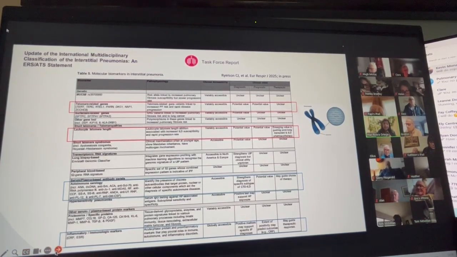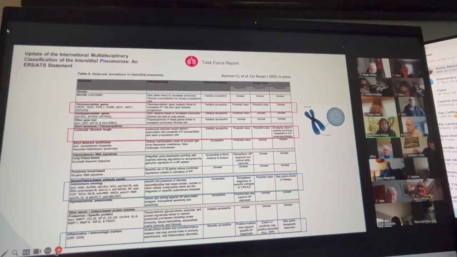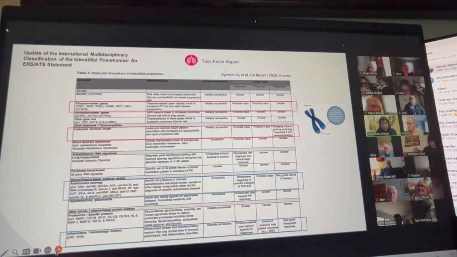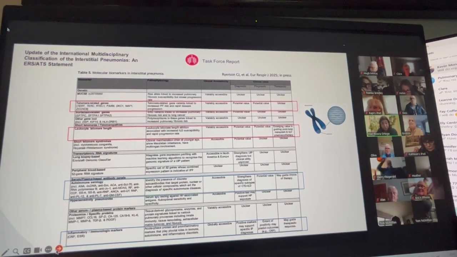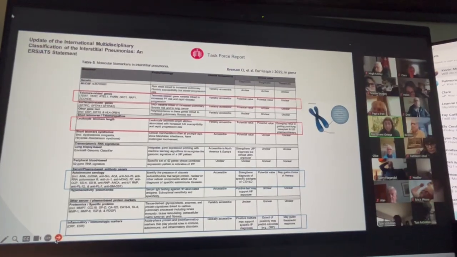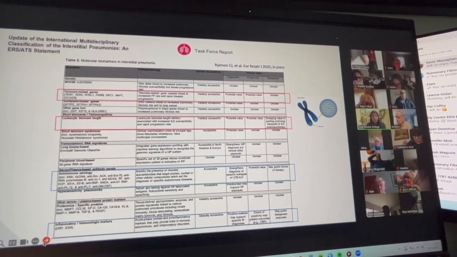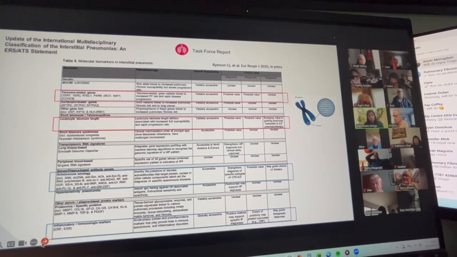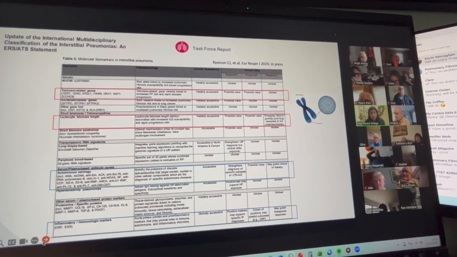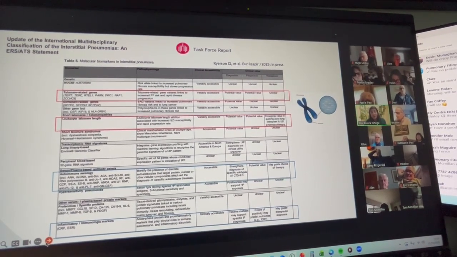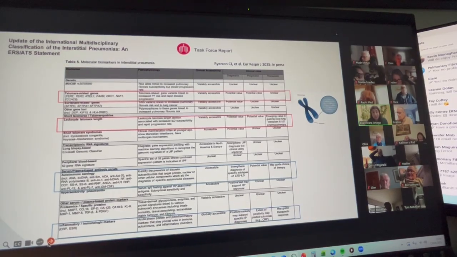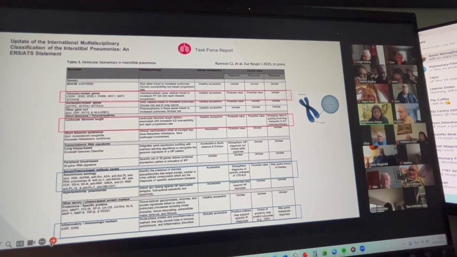What does that mean? This is the present. Precision medicine in ILD is the present, it is not the future anymore. The problem is that not all clinicians, and I'm talking not only about the fantastic GPs or local respiratory consultants, but not even all ILD clinicians, are familiar with genetics.